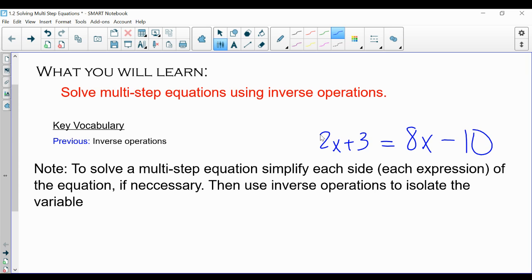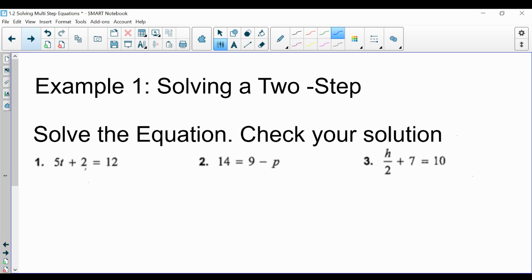There's an expression on each side, so I want to simplify those expressions before I start. Those are already simplified. Then use inverse operation to isolate. So I'd move the 3 to the other side, or move the 2 to the other side, and then move the 10. So let's go ahead and do a couple examples.